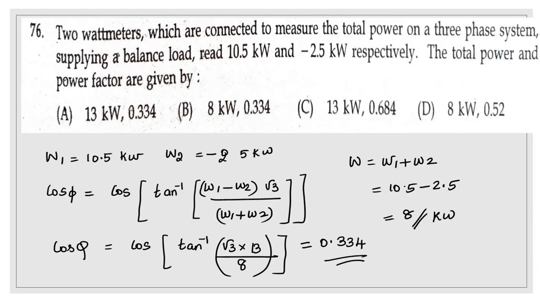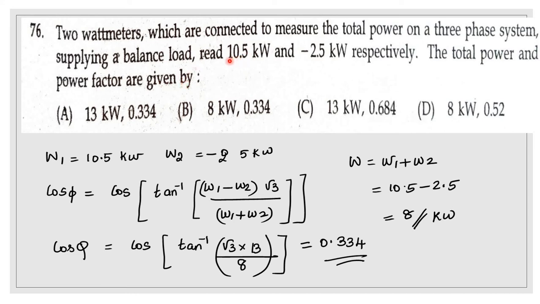Next problem. Two wattmeters which are connected to measure the total power on a 3-phase system supplying a balanced load read 10.5 kilowatt and minus 2.5 kilowatt respectively. The total power and power factor are given by.